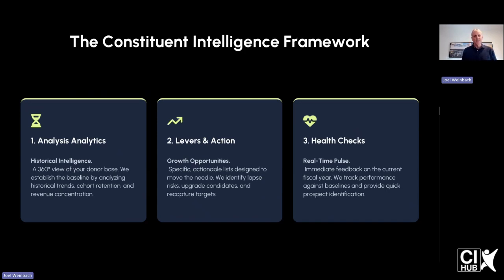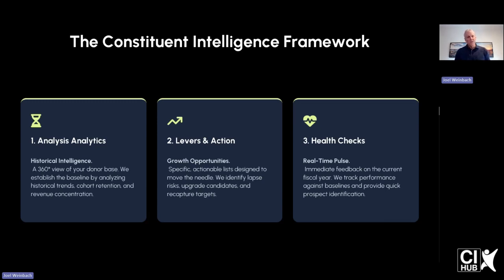One of the key tenets of RFM analysis is segmentation. And a segment of donors is a group of donors that have in the past acted similarly. And if you compare that segment to other groups of donors that have in the past acted similarly, those donors will tend to act similarly in the future.